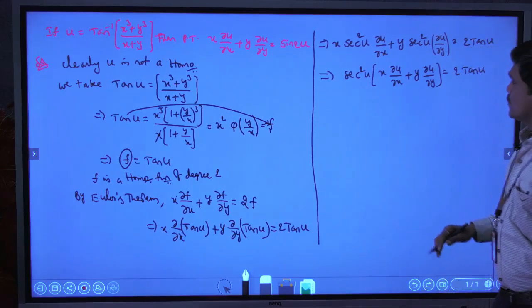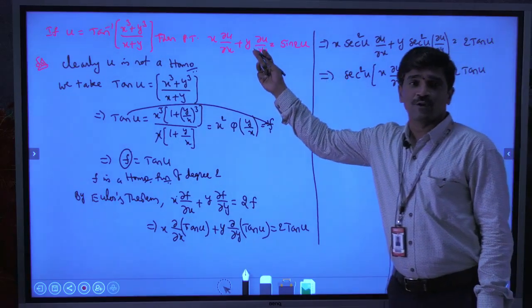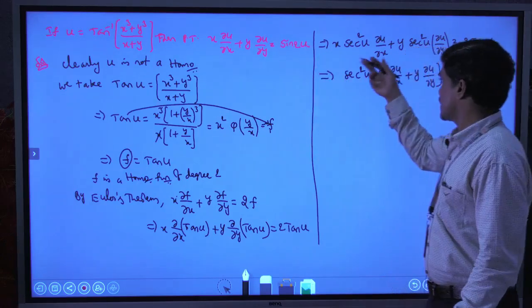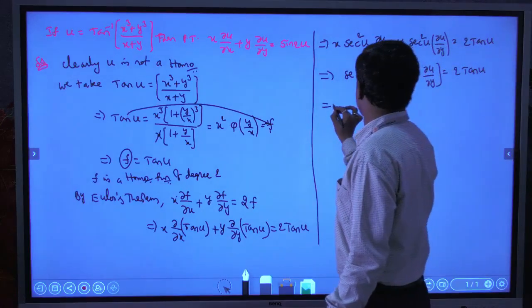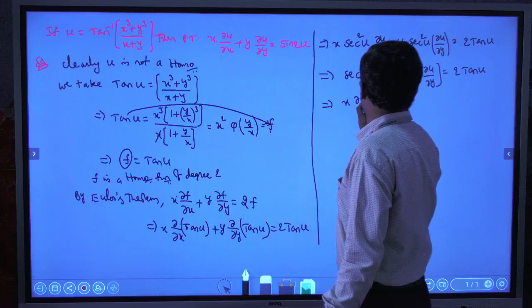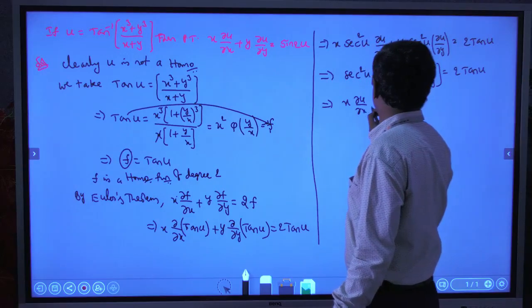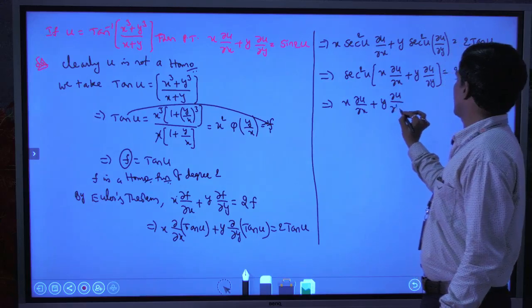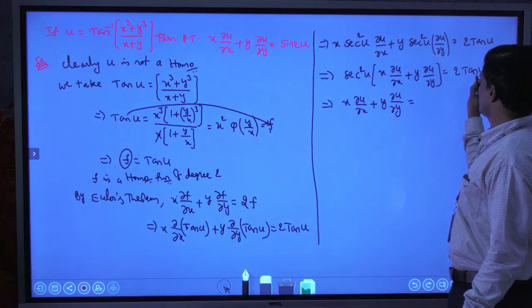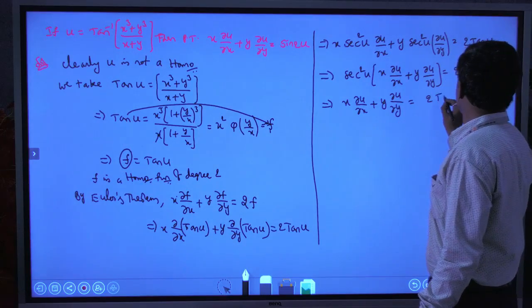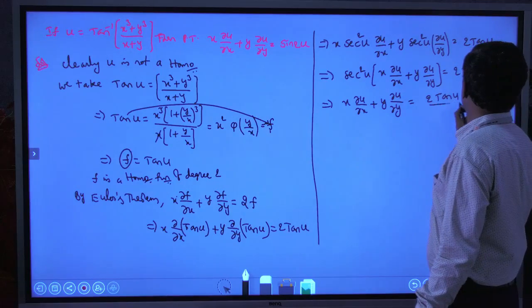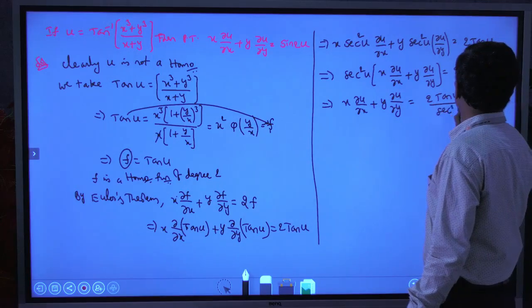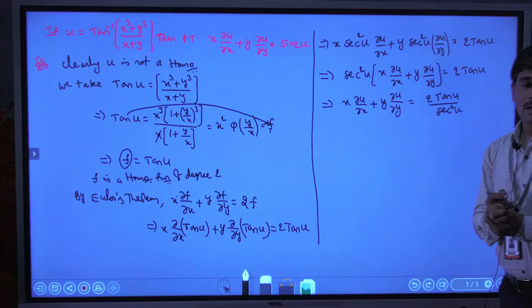But we have to prove x dou u by dou x plus y dou u by dou y is sin 2u. So that's why we write this one. x dou u by dou x plus y dou u by dou y is equal to 2 tan u by secant square u.